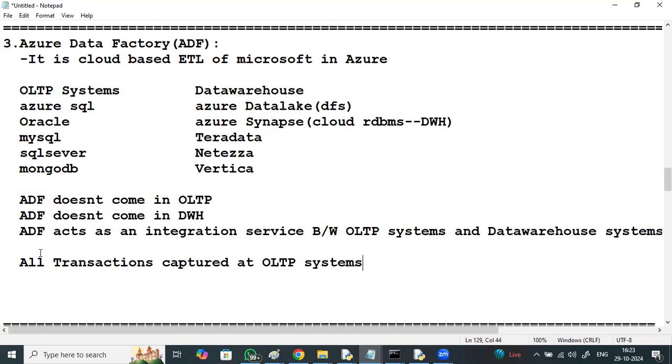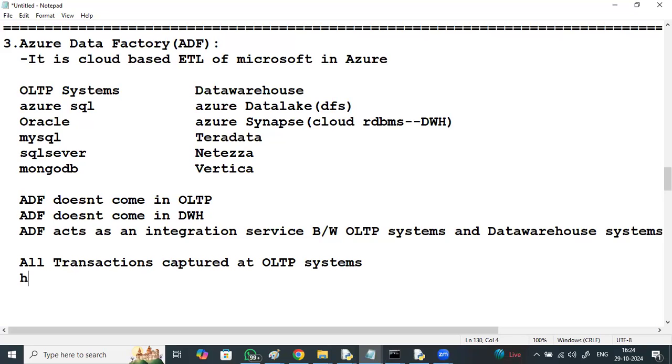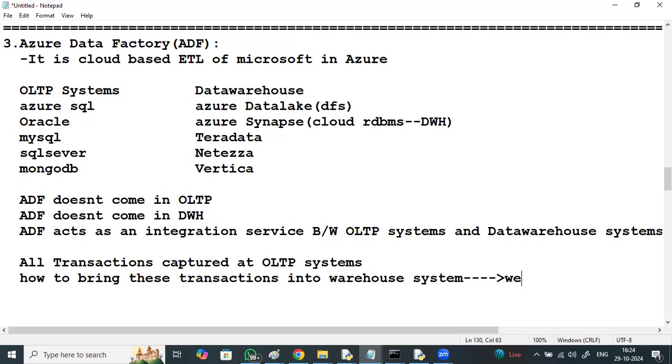How to bring these transactions into warehouse systems? We have ETL. By using ETL tools, right?